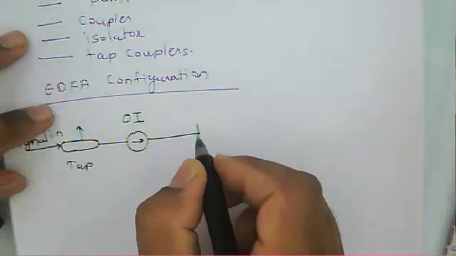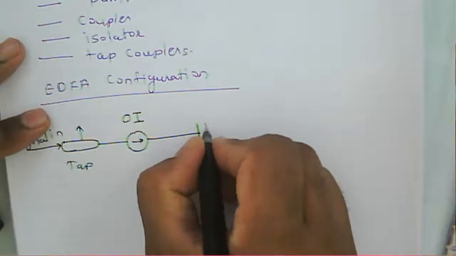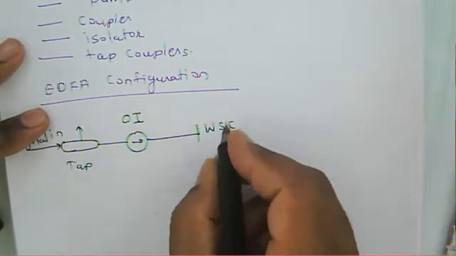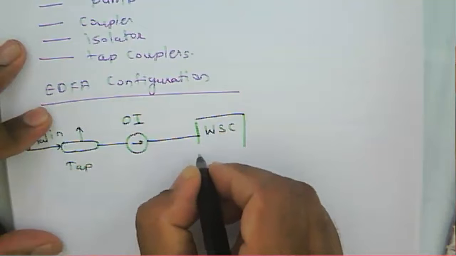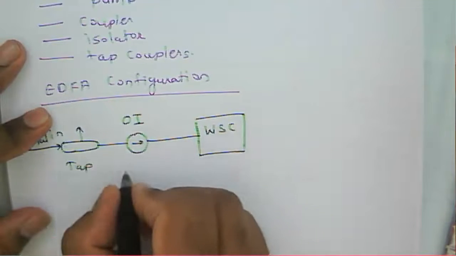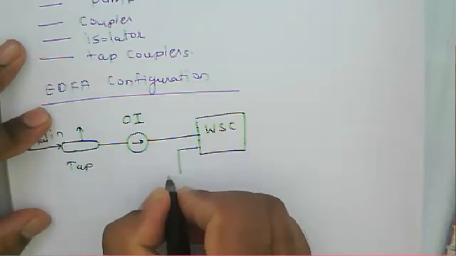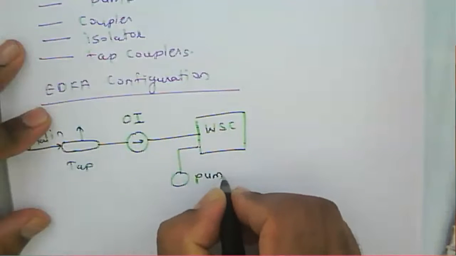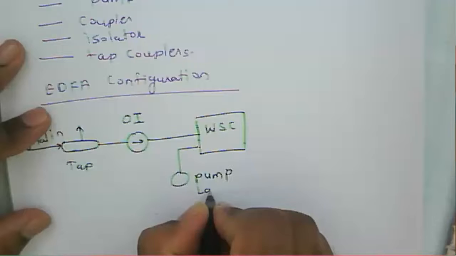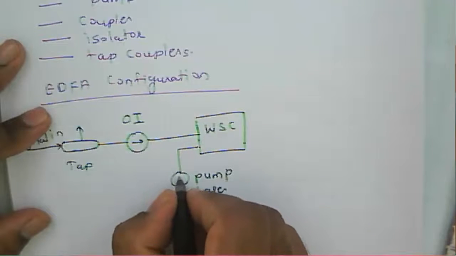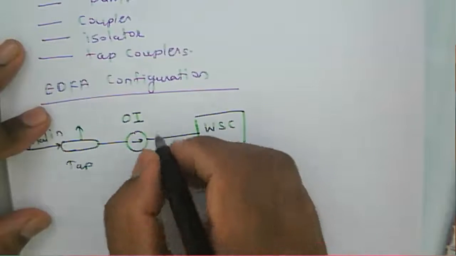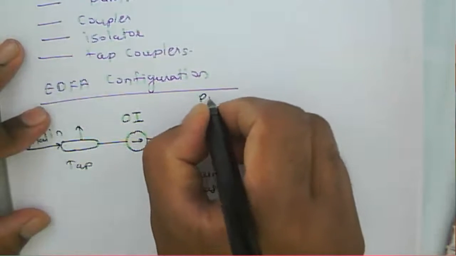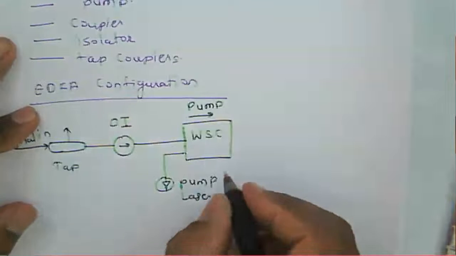Then we have the wavelength switching circuit, because we have to pump the pump laser here, and this is where the pumping action takes place.